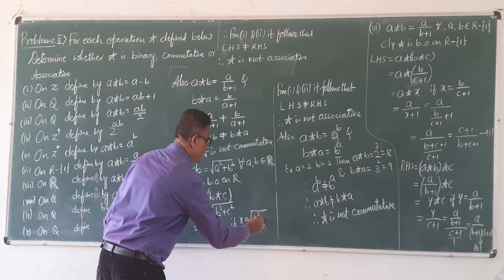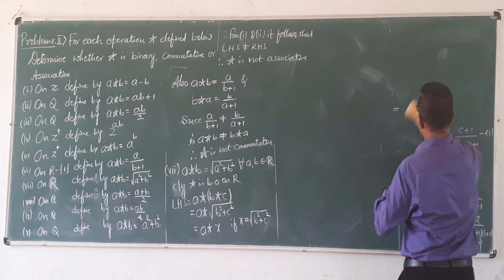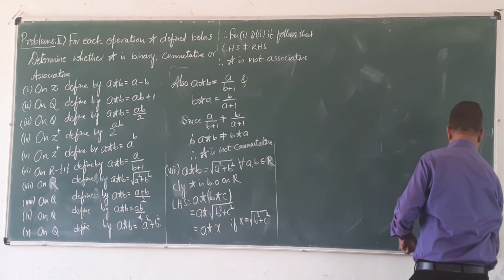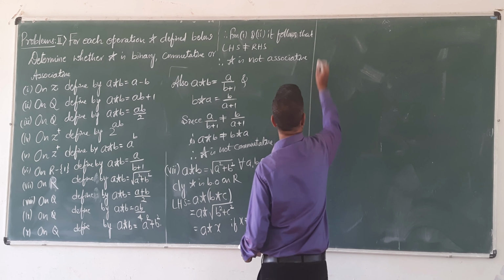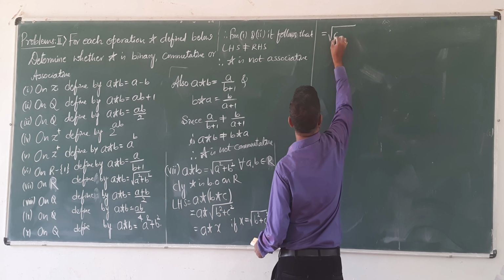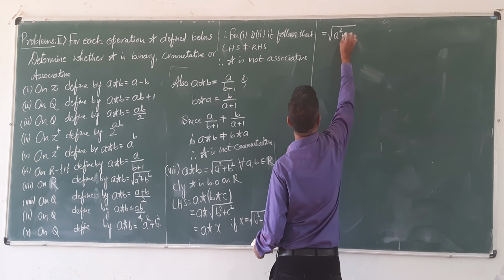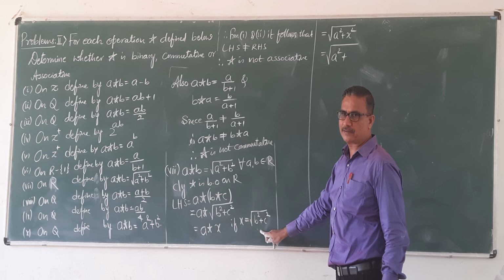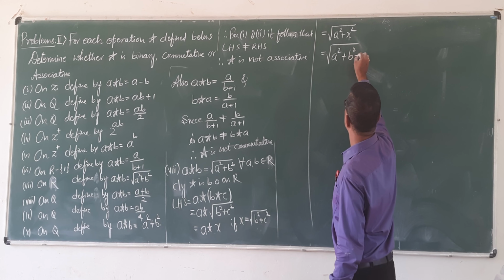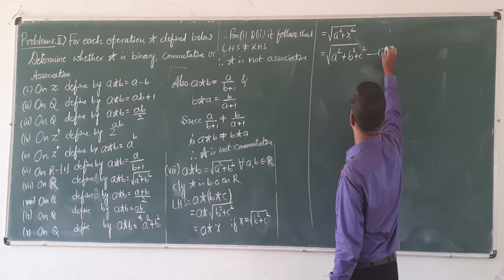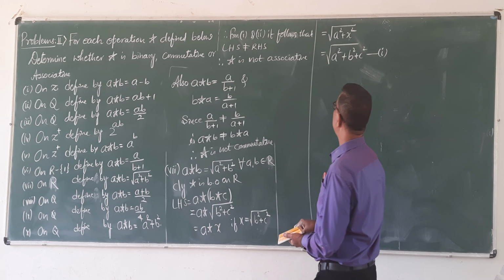Instead of A and B, A star X is equal to root of A square plus X square. Correct? That is root of A square plus, X value, root B square plus C square, whole squared. Root cancels, giving A square plus B square plus C square. This is LHS. Then take RHS.